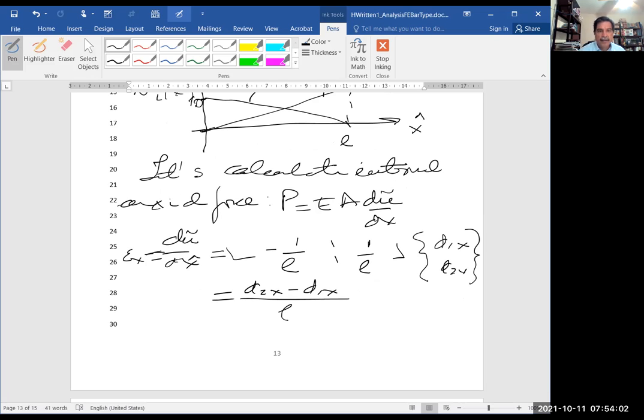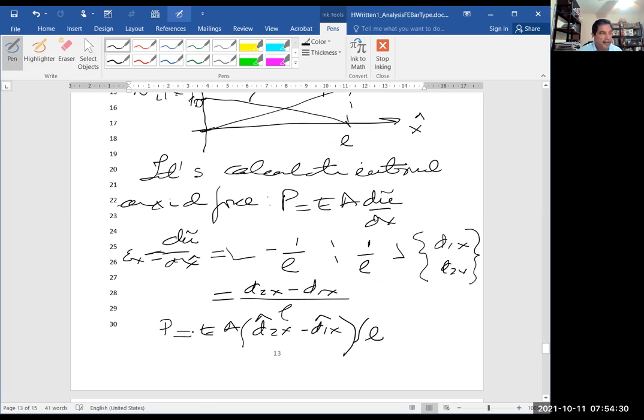Now, let's go on. So we can say that the force P at every point is going to be equal to EA, from here, times D2x minus D1x divided by the length. These are local.